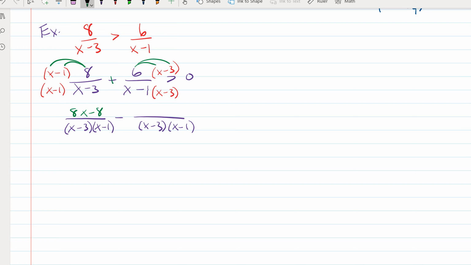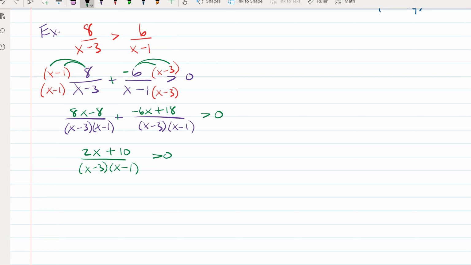I'm going to move this negative sign up by the 6 so I don't forget about it. And this is negative 6x plus 18. Combine like terms. 8x minus 6x is 2x. Minus 8 plus 18 is plus 10, over x minus 3 times x minus 1.